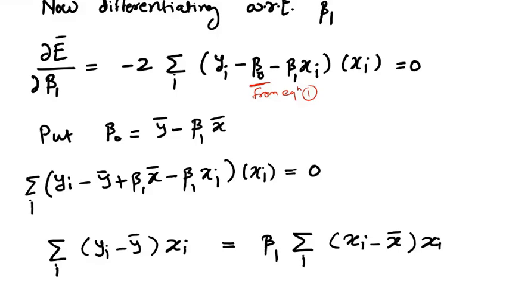If I simplify, then I land on this equation, which is a beta 1 equation. Now the next step, we will process this equation further. So in the last class we have seen up to this. Today we will process this value of beta 1 further to make it more simplified.